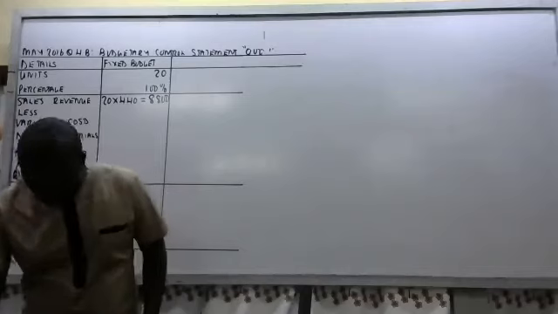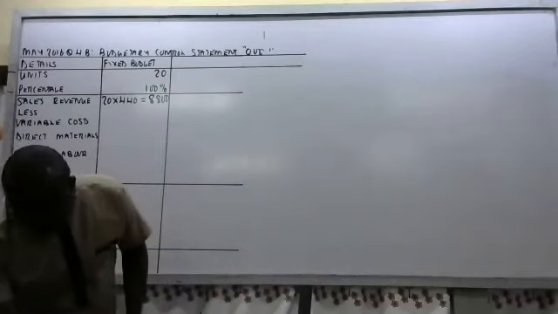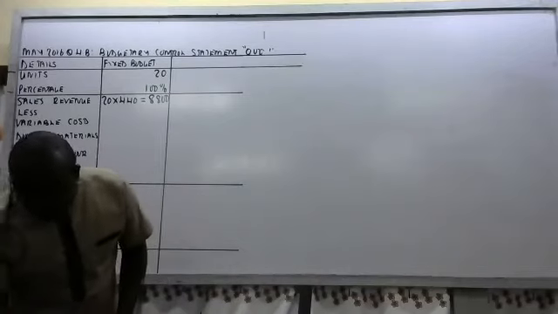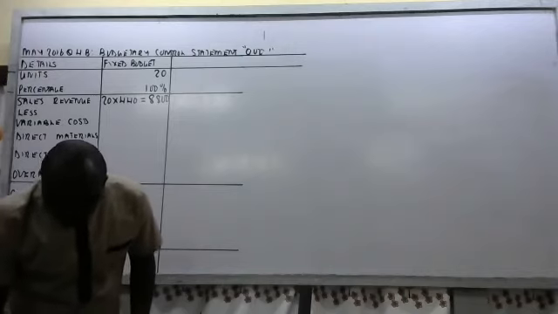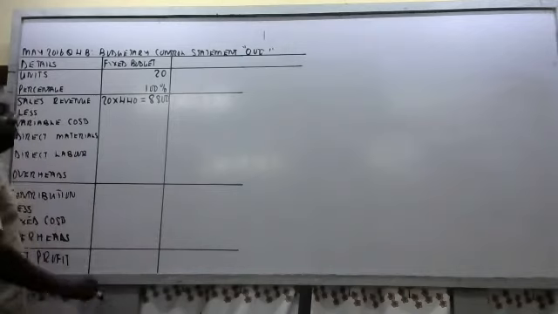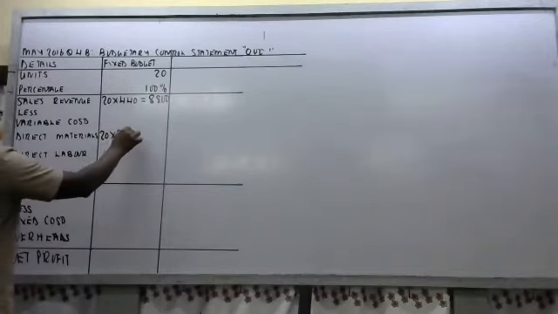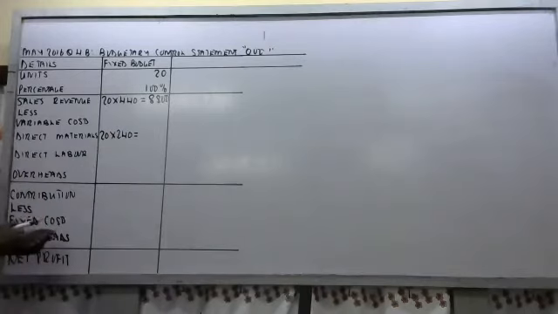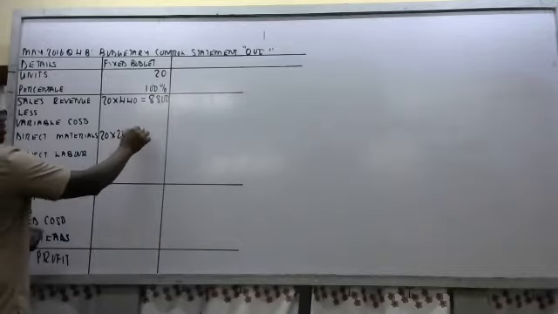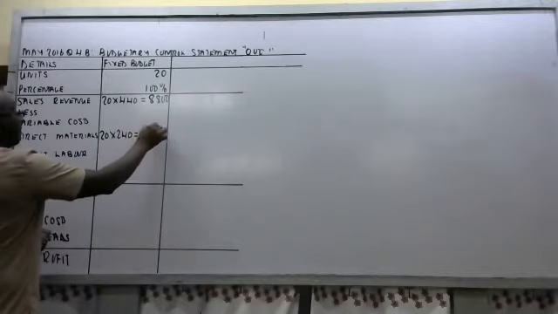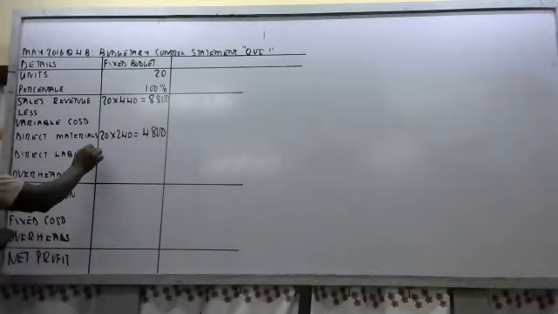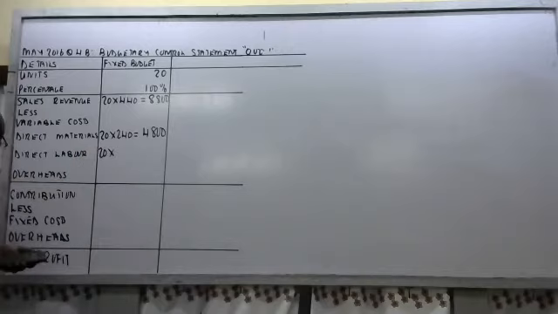Then for the costs, we start. Ukiangalia hapo kwa budget, material is 240. So utasema 20 times 240, which is 4,800. Then labor is 70.